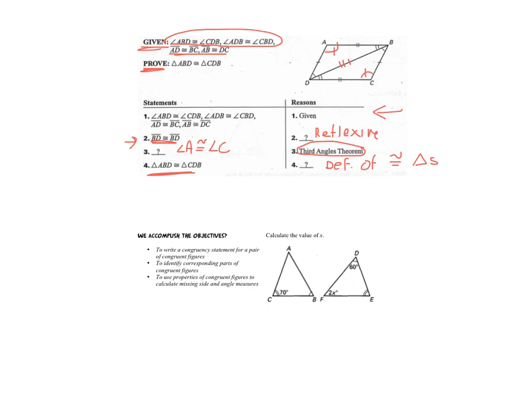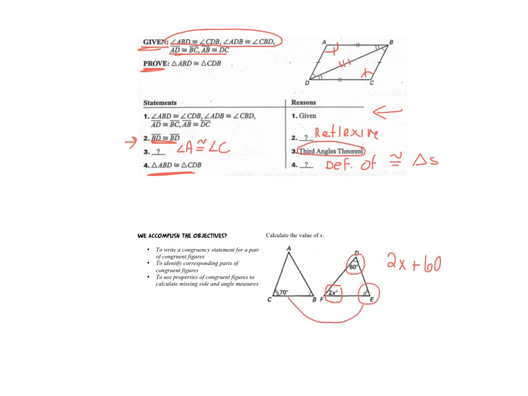All right, so did we accomplish the objectives? Would you know how to write a congruency statement for a pair of congruent figures? Could you identify corresponding parts of congruent figures and use properties of congruent figures to calculate missing side and angle measures? So we're going to do that right here. We want to solve for x in this example. It's an angle inside of a triangle, so I know that these three angles are going to add up to 180. So 2x plus 60 plus e.